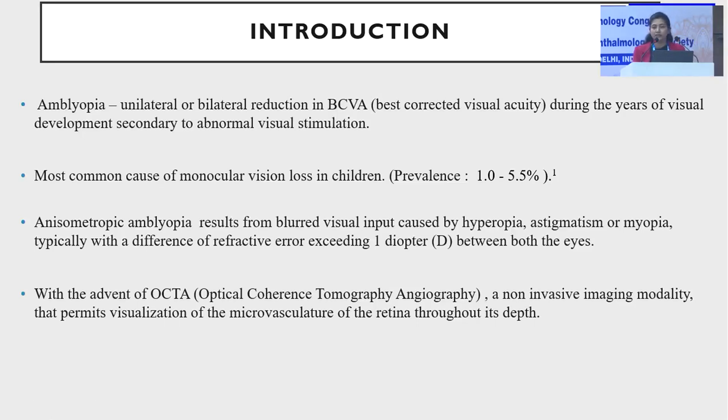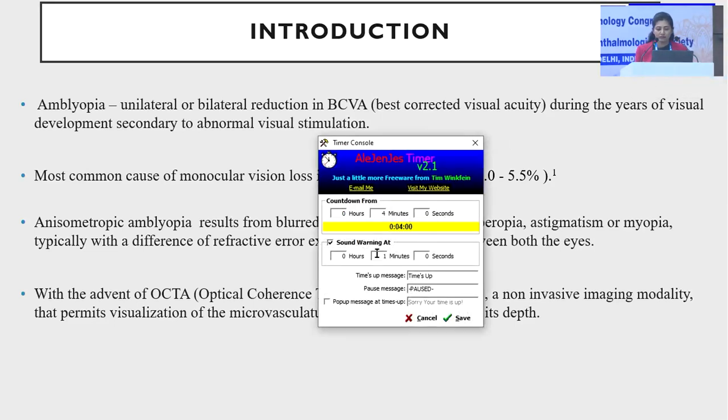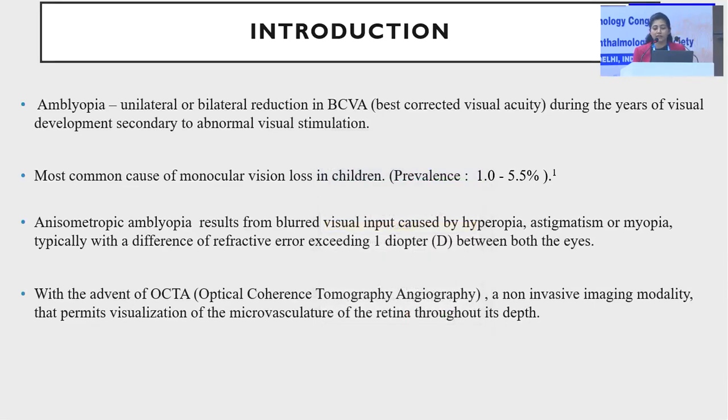Anisometropic amblyopia results from the blurred visual input that is caused by hyperopia, astigmatism or myopia with a difference of one diopter between the eyes. And we know OCTA is a non-invasive modality that permits the visualization of microvasculature.